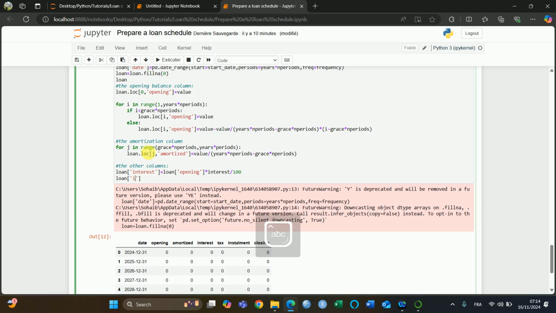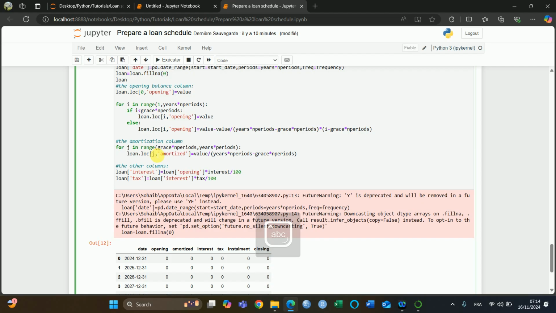The tax is the amount of the interest multiplied by the tax rate divided by 100, and the installment is the sum of the amortized, the interest and the tax.